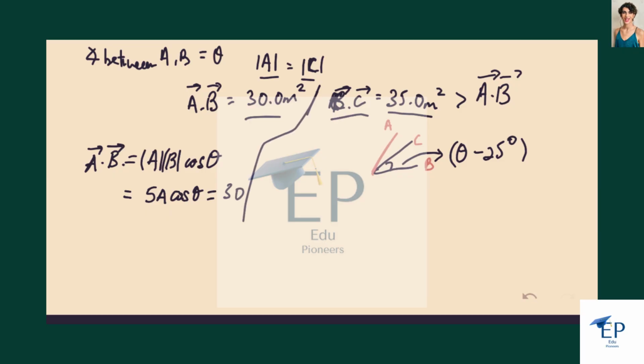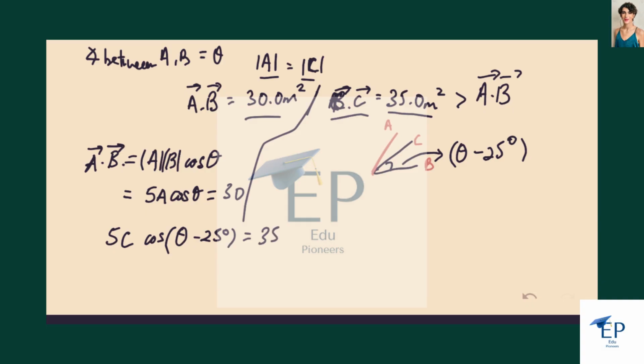Now from the second equation, B dot C is equal to 35. So this would be 5 times C cosine of theta minus 25 degrees must be equal to 35.